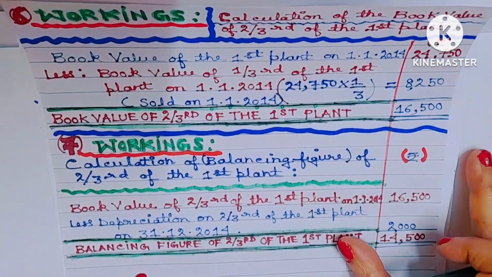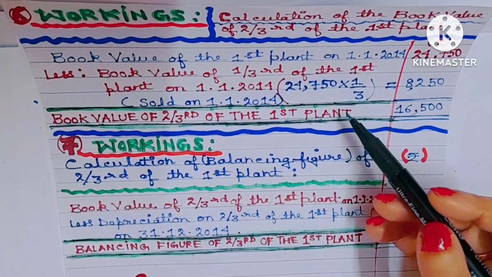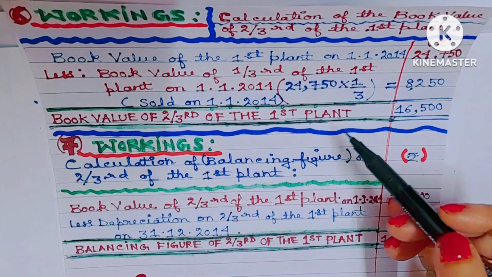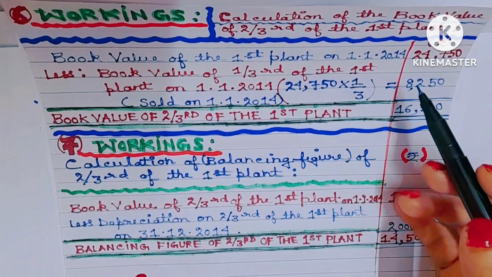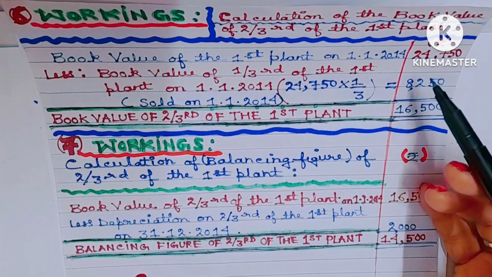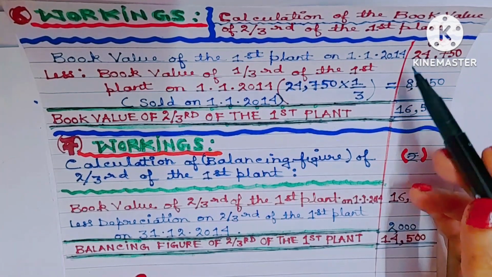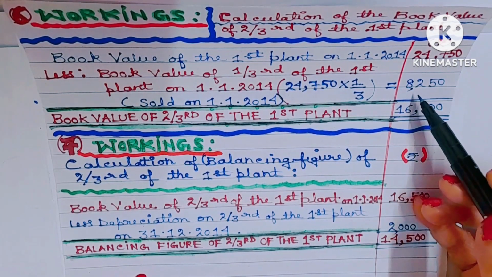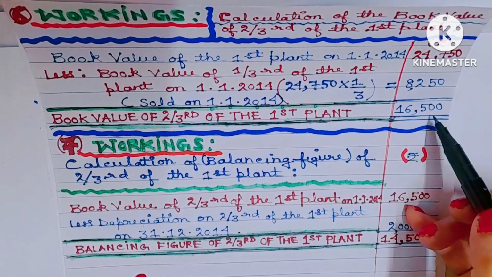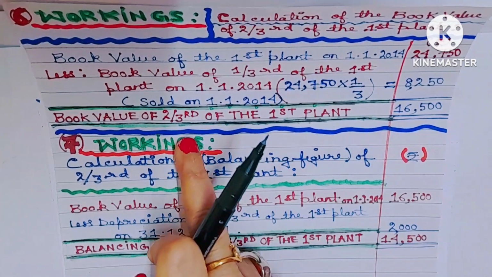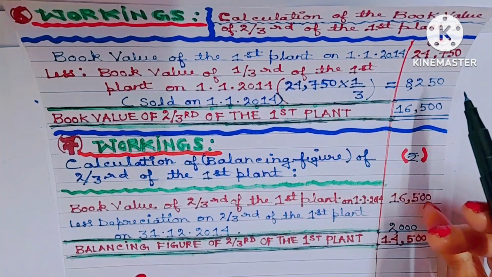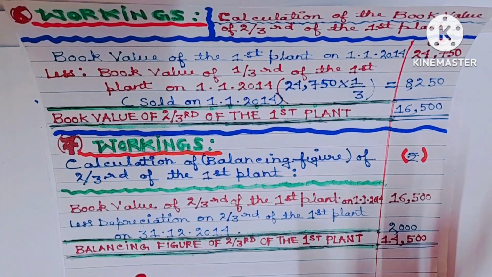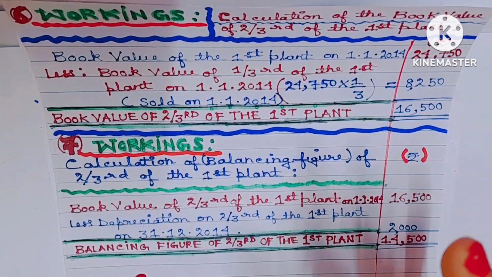That is why I said it will not work with that method. If you deduct book value of 1/3 of the first plant on 1st January 2014 from the book value of the whole plant on 1st January 2014, that is 24,750 minus 8,250, you'll get 16,500. So this is the book value of 2/3 of the first plant. So we could not straight away subtract depreciation of the first plant from 24,750, because 1/3 of the plant is already sold.